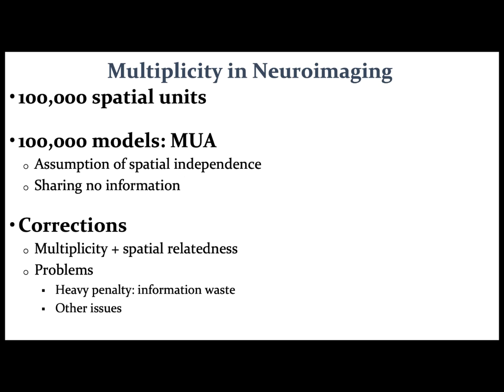But that's not the case because those voxels are correlated to some extent, especially among neighboring voxels. So in addition to correcting for multiple comparisons, we have to take the spatial relatedness into consideration. That's where the different approaches come into play: for example, Monte Carlo simulations, random field theory, permutation tests. Those are the typical approaches currently available in the field.